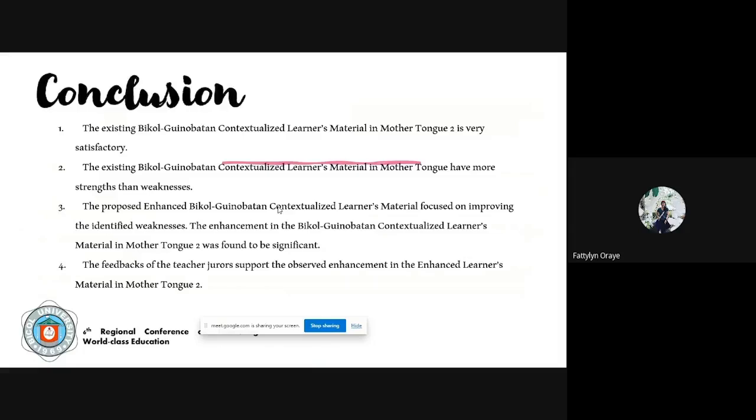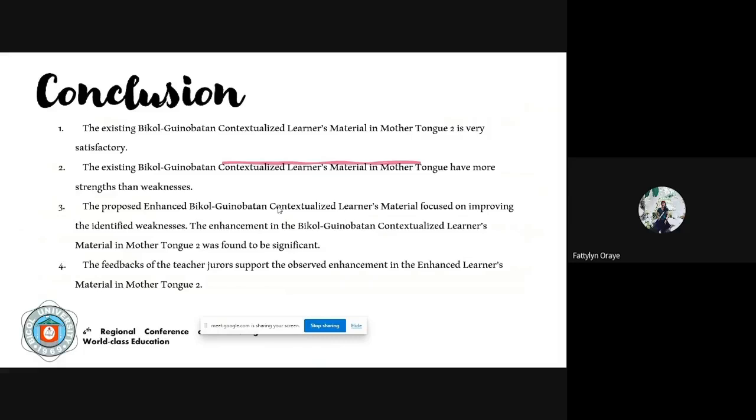So, what are my recommendations? The existing Bicol Ginubatan contextualized learners material in Mother Tongue 2 is very satisfactory. But then again, there are three weaknesses which can be improved. The existing material has more strengths than weaknesses.